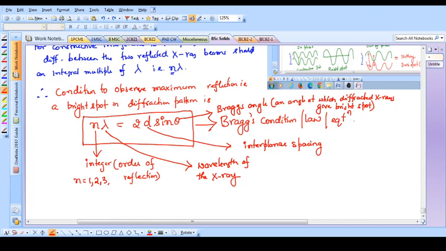Some useful relations related to Bragg's law, that would be part of the next video, and in the coming videos we will apply Bragg's law to study the structure of two important crystalline solids, that is structure of sodium chloride and structure of potassium chloride. That would be part of the coming videos.